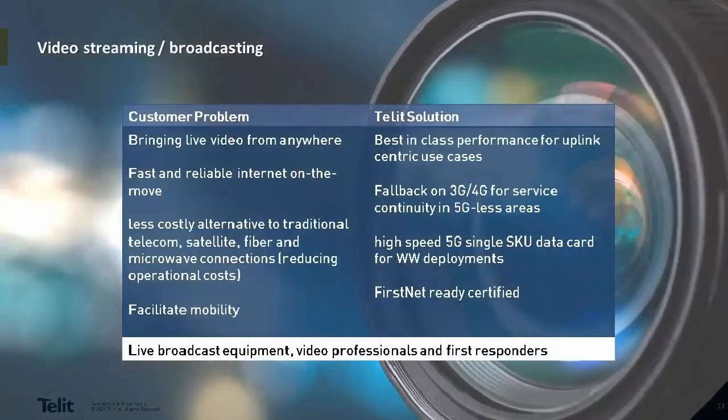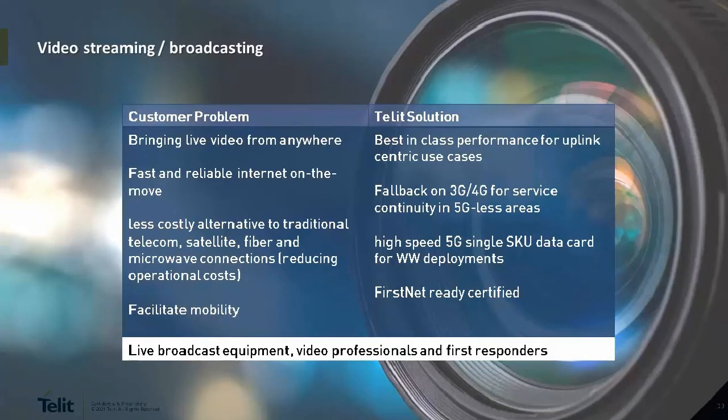Then the video streaming broadcasting, this has been a growing space for cellular for quite some time, but I think 5G is really going to make this happen even faster. Again, it's going to be incremental as we move up the technology stack, but I think it's really important when you're looking at live video where you can get fast and reliable internet.